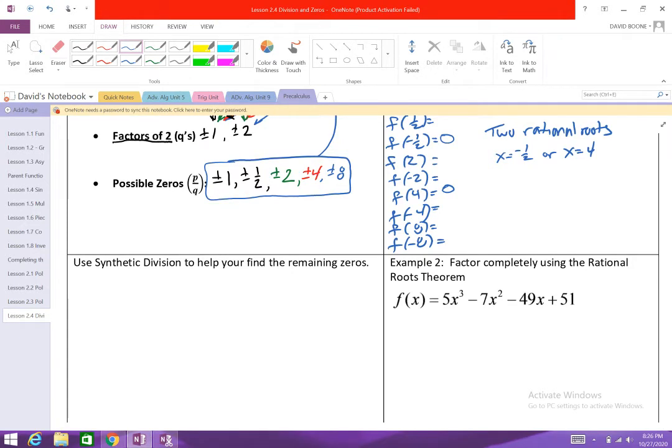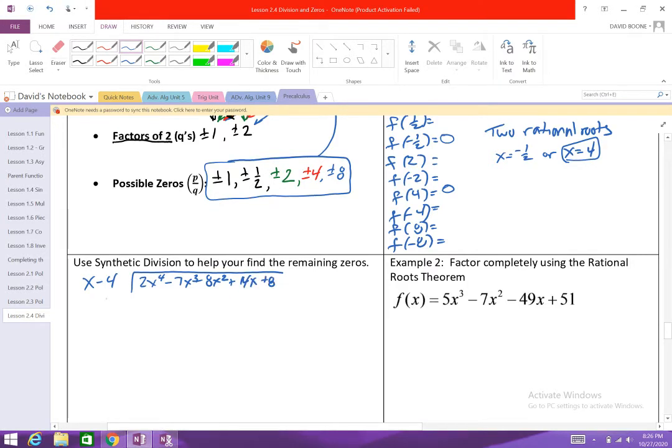In doing that, we can double check this here. We know that 4 is a 0, so I know that x minus 4 should go into our function of 2x to the 4th minus 7x to the 3rd minus 8x squared plus 14x plus 8.